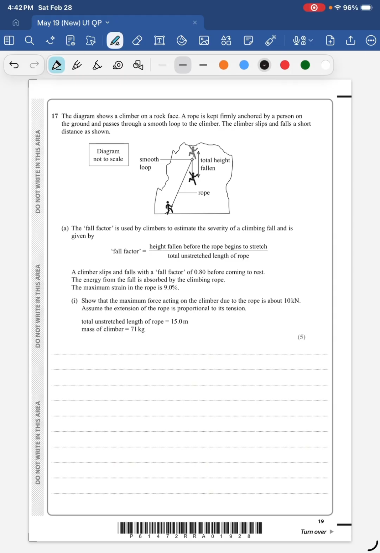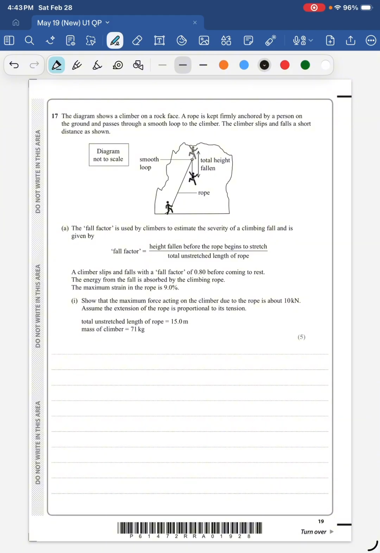Assume the extension of the rope is proportional to its tension. The total unstretched length of rope is 15 meters and the mass of the climber is 71 kilograms. This is quite a problem.